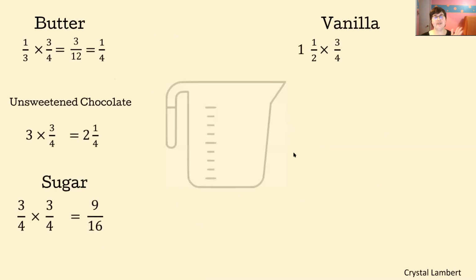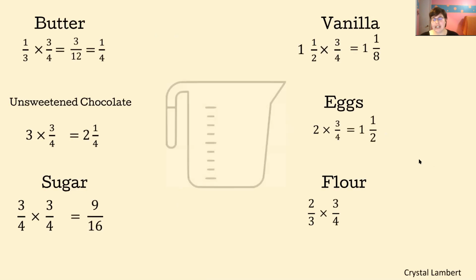And then vanilla, it's 1 1/2 times 3/4, and it gives us 1 1/8. Eggs, we had 2 eggs times 3/4 is 1 1/2 eggs. Figure that one out. And then we have flour, which we had 2/3 of a cup of flour, and we multiply times 3/4, and it's going to give us 1/2.